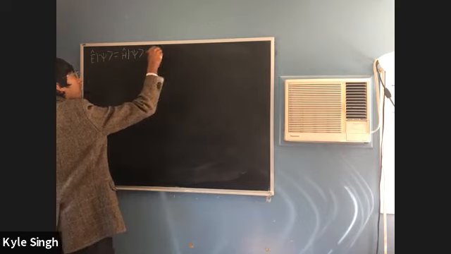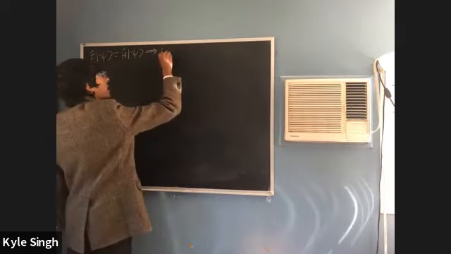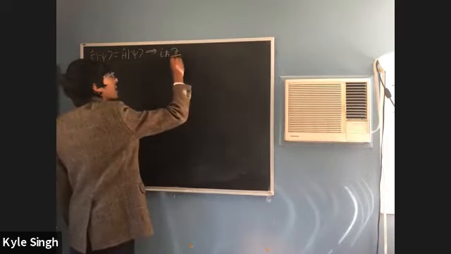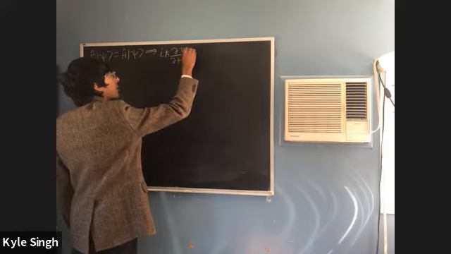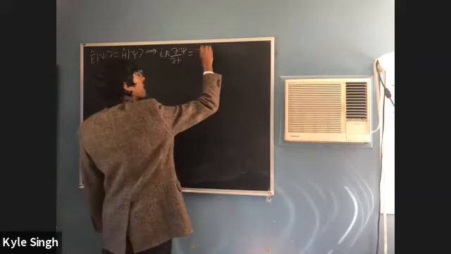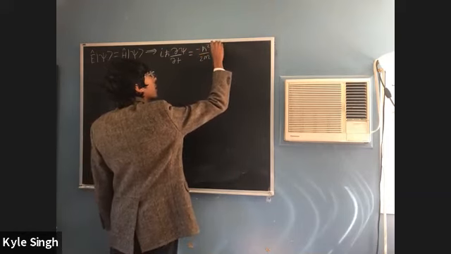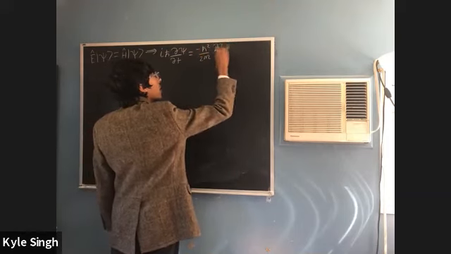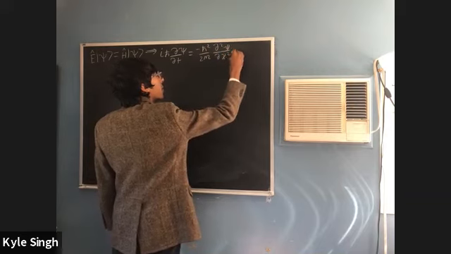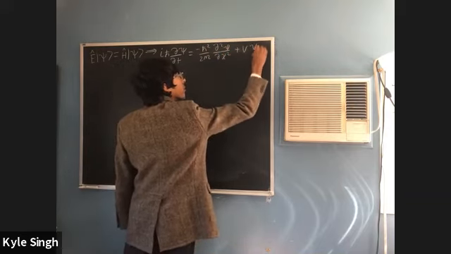And in its complete form, this is i h bar del psi/del t equals minus h bar squared over 2m d2 psi/dx squared plus some potential times psi.